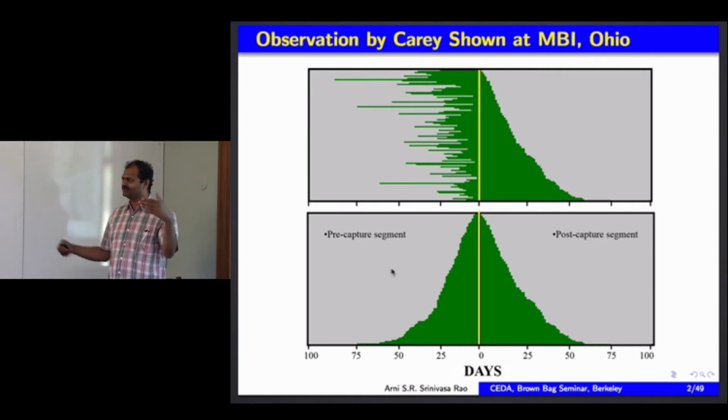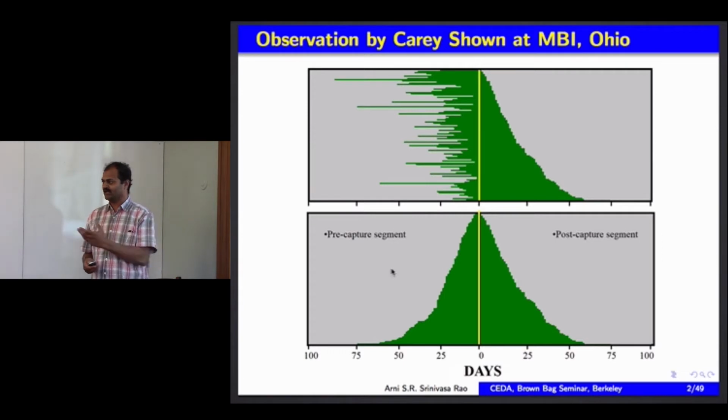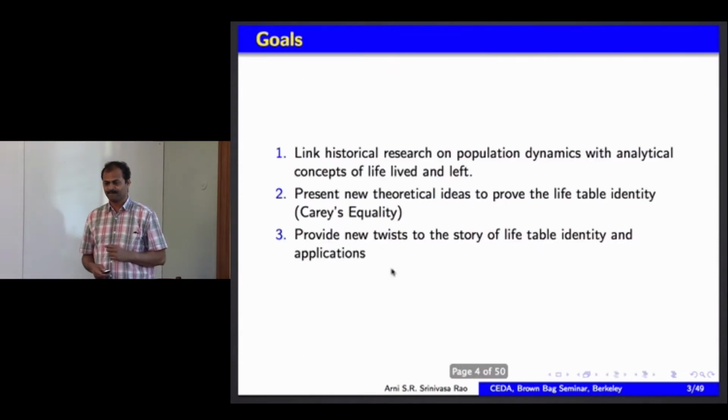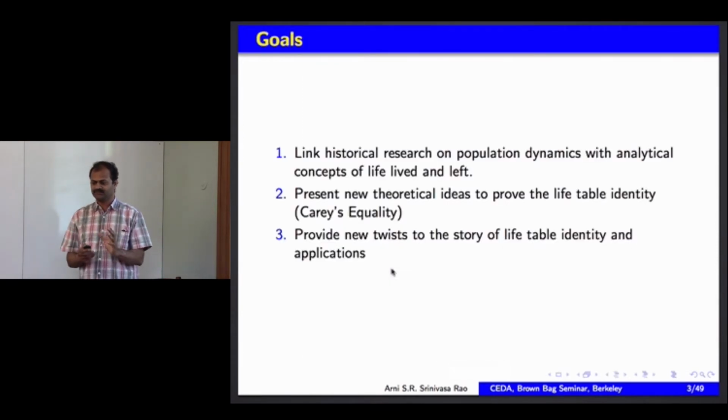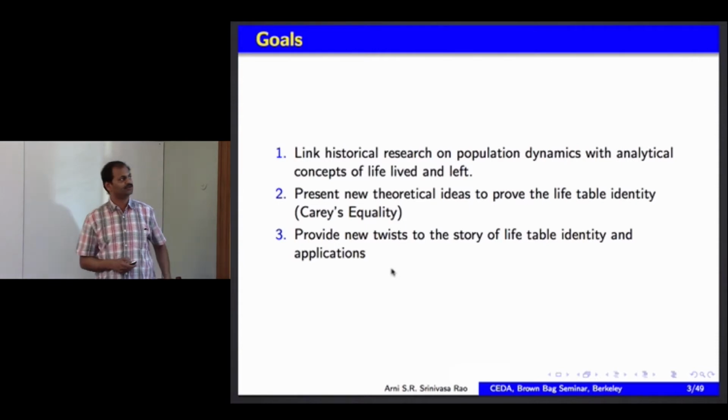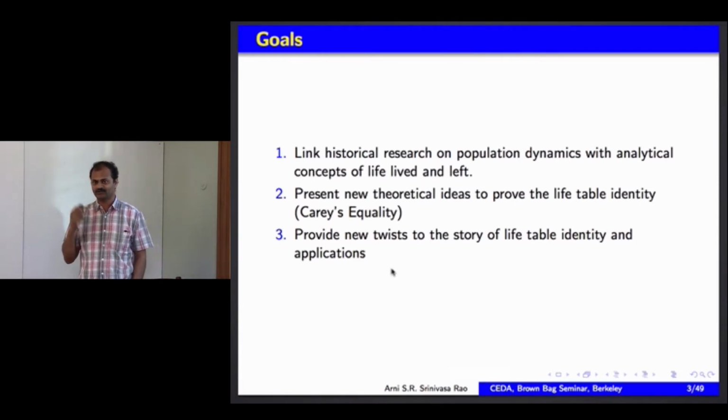All these things I wanted to link up when my proof to Jim became correct. Then Jim encouraged me to go ahead and systematically study population dynamics. The goal of this talk is to identify the linkage between Carey's equality and population dynamics, Goldstein and Vaupel's contributions, and then go back several centuries, to see how population dynamics looked 1,000 years ago.